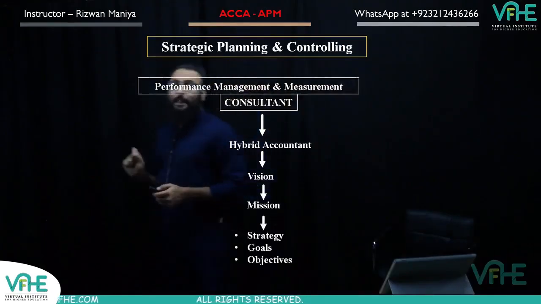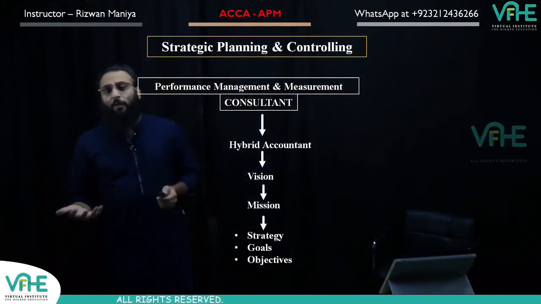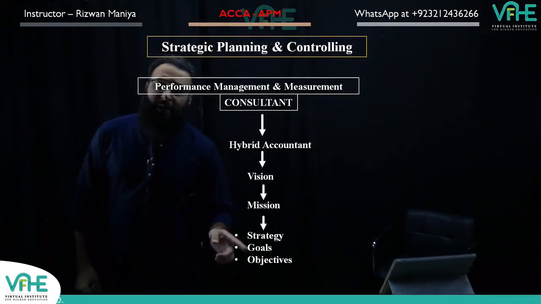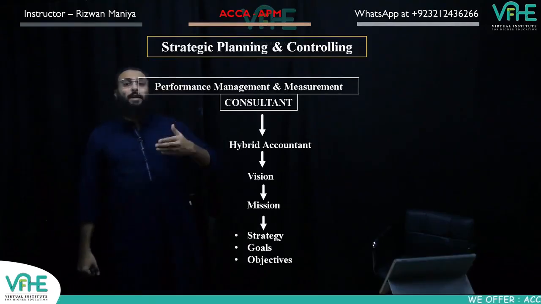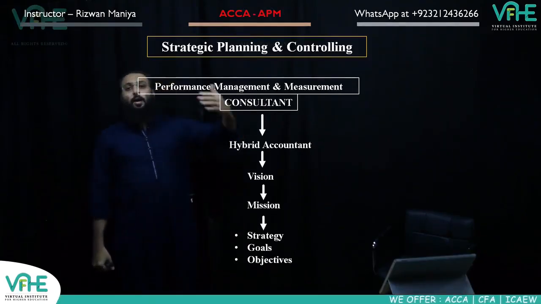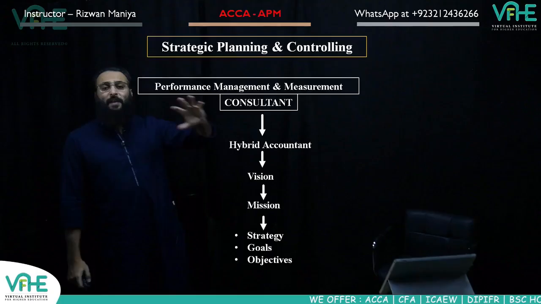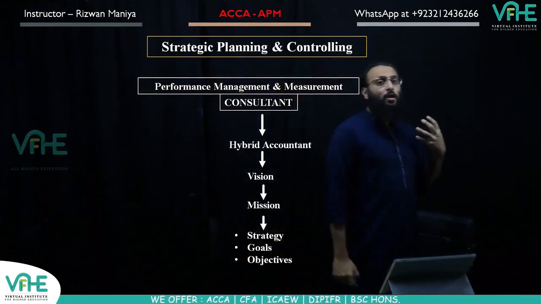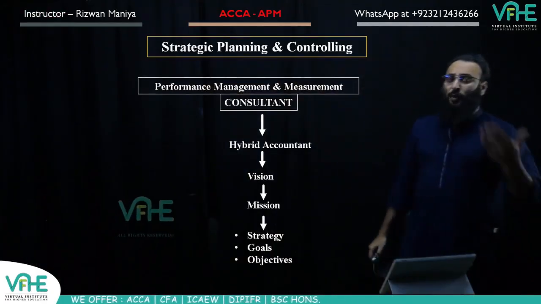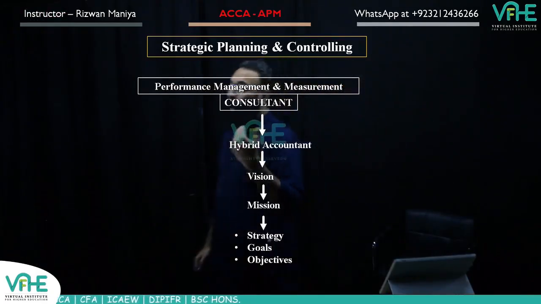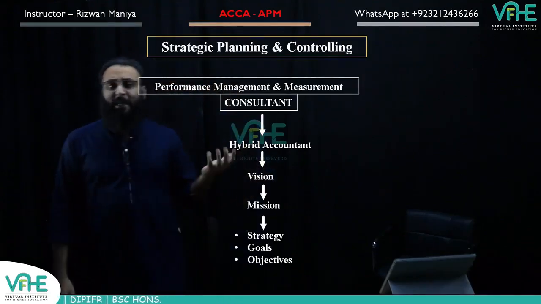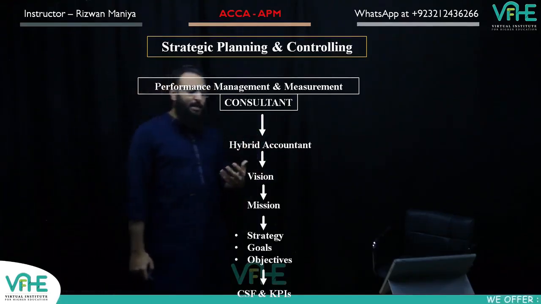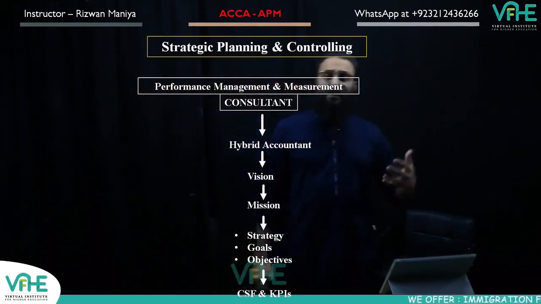Then comes the strategy building. Obviously, when you set up the vision and the mission, you need to decide the course of action. What is your strategy? How will you achieve your strategy? So the course of action needs to be determined, which will further be split into the broad goals, which will be split into the quantified objectives, which will further be broken down into CSFs, critical success factors, and key performance indicators.